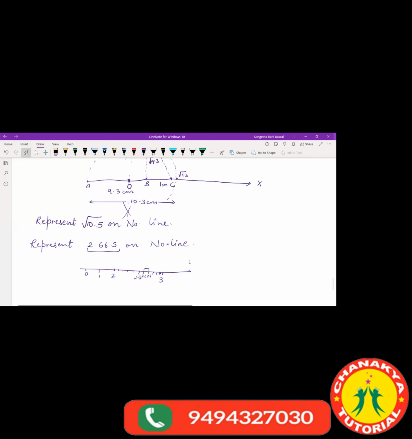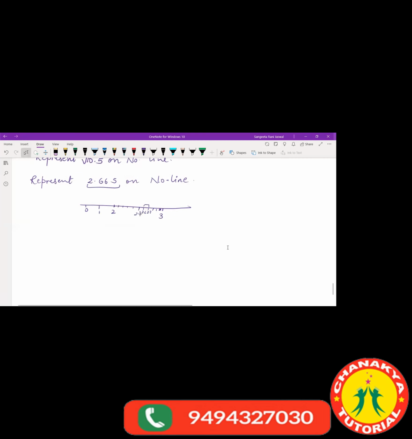Is that clear? Are you able to understand? Please unmute and tell me. Yes, 2.6 ma'am. This number lies between 2.6 and 2.7. Now I'll magnify this also and show you.